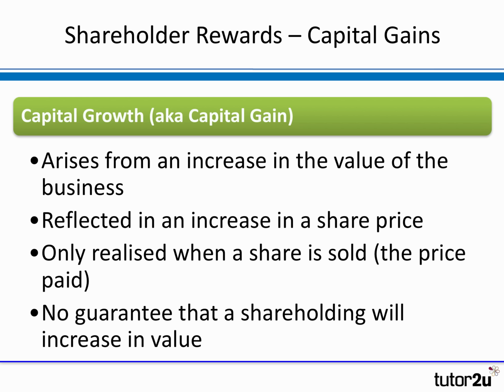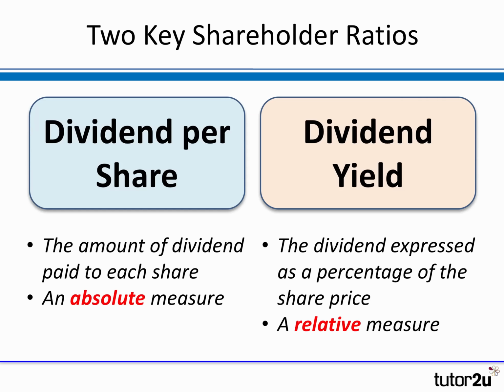And of course, the other point to remember is that the share price or value of a business can go down as well as up. So it's entirely possible, indeed often likely, that you're left with a loss on the value of your shares if you buy at a price that's too high and the share price subsequently falls.